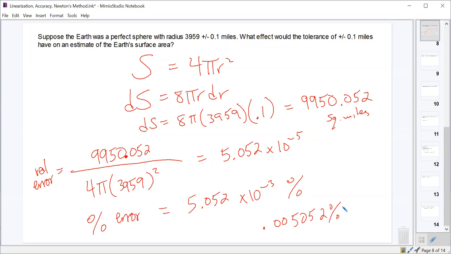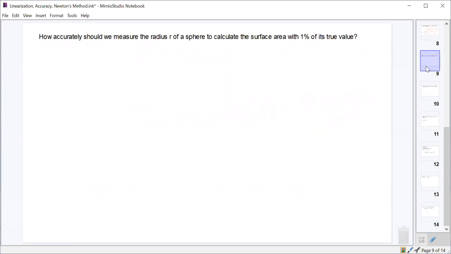So 9,950 square miles seems like quite a lot, but in terms of how much we're really off by as a percentage, it's not very much at all. Good or no? Great. Hopefully this should be fairly easy so far.